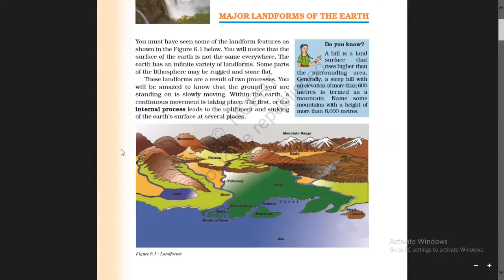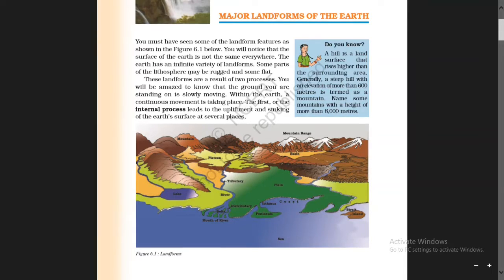The earth has an infinite variety of landforms. Infinite means limitless or endless variety of landforms. You'll find some parts of the lithosphere have an uneven surface and some are flat.